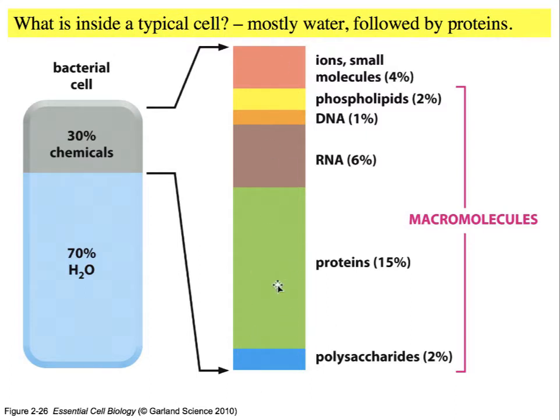The vast majority of the 30% would be proteins, 6% would be RNA, 2% would be sugar, 2% would be phospholipids, and 1% would be DNA. The remainder will be a concoction of ions such as sodium, potassium, calcium, and small molecules like vitamins and minerals.